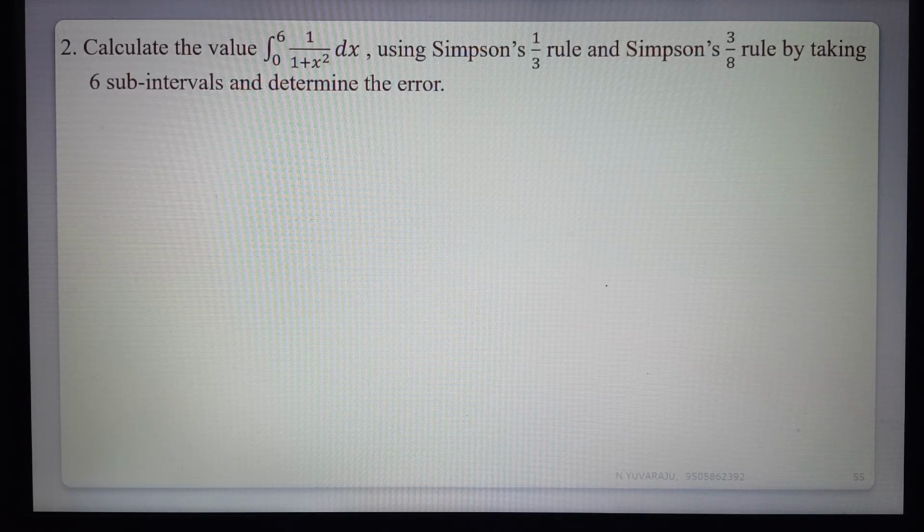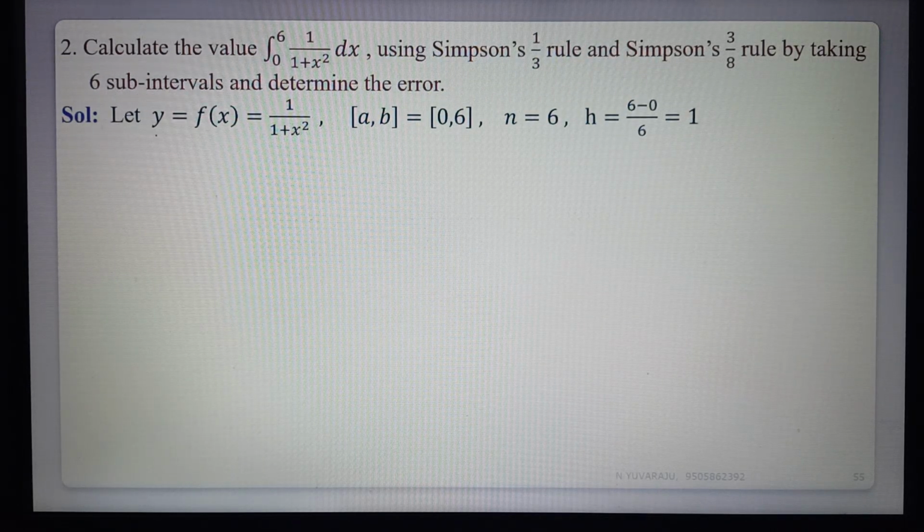Let the given function be y = f(x) = 1 by (1 plus x square), and the given interval a, b is 0, 6. So the total number of subintervals is 6. Therefore the step length is (b minus a) by 6, here b is 6 and a is 0, so 6 by 6, that is 1, and the length of each subinterval is 1.